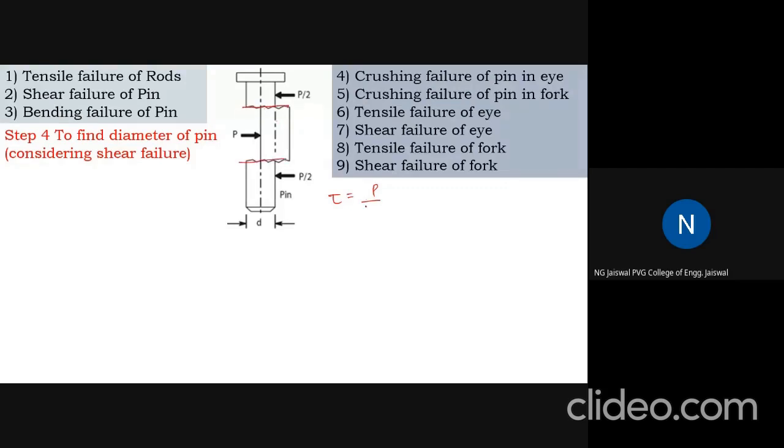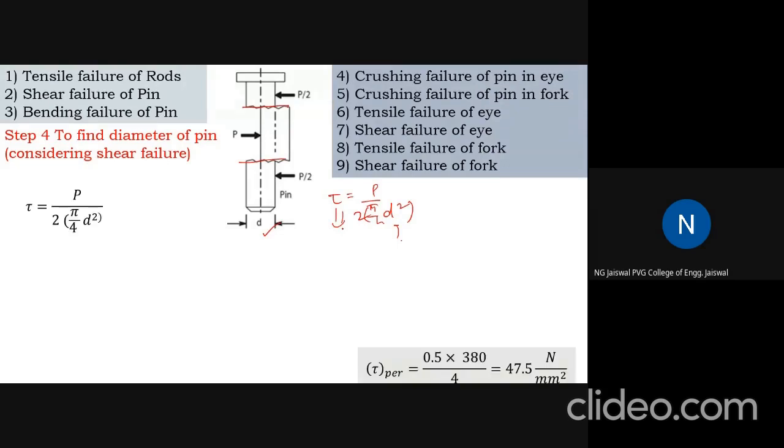One area is equal to pi by 4 D square, where D is the diameter of this pin. This into 2 times, because 2 times the area. And this way equate to permissible, because this is unknown. Permissible we have already found out in the previous slides. So accordingly, you can see permissible is also mentioned here, 47.5.